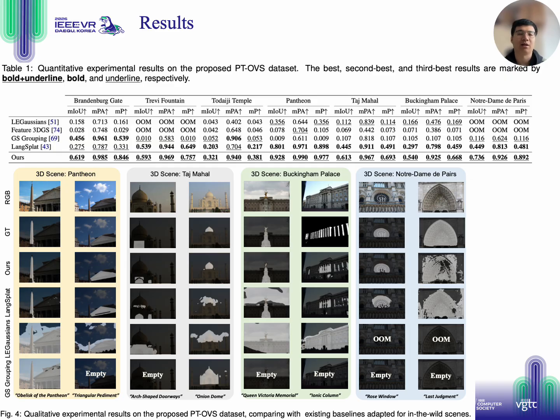We compare our approach to existing baselines, adapted for the in-the-wild scene, 3D Gaussian-based open vocabulary scene understanding methods, including LangSplat, Feature 3DGS, Gaussian Grouping, and LE Gaussians. As shown in the figure and table, the proposed method achieved SOTA results.